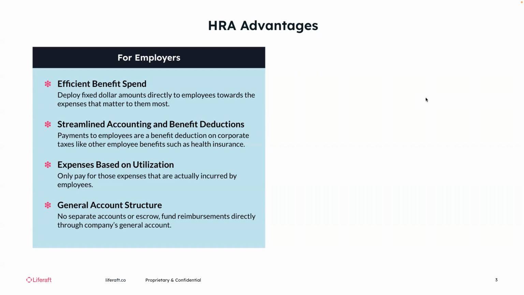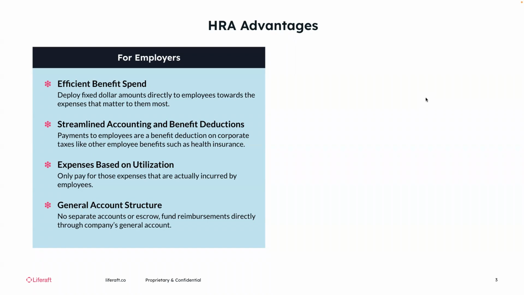But number two as well, rather than having to deploy all of it up front, you're actually only going to be spending based on utilization. So if you budget $100,000, it's possible that your employees only utilize $80,000, which means you've actually only spent 80 grand. So for businesses that are looking at a really efficient way to be able to offer benefits, the HRA is the way to do that.